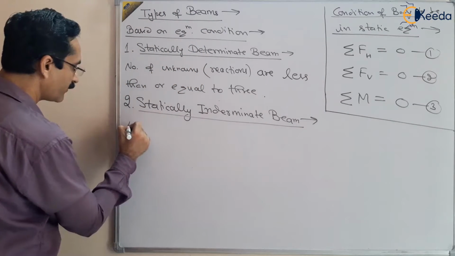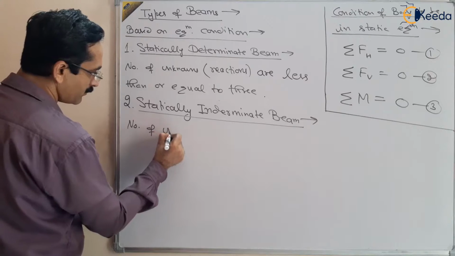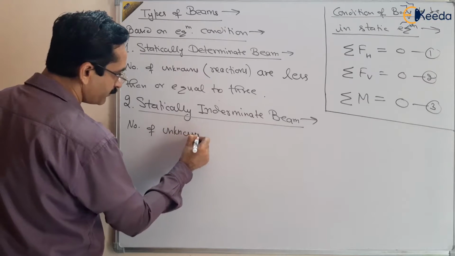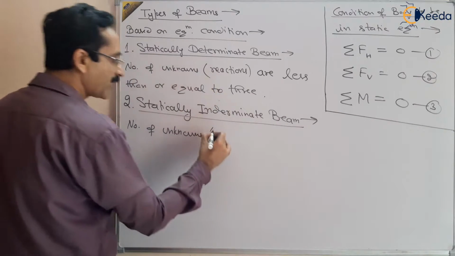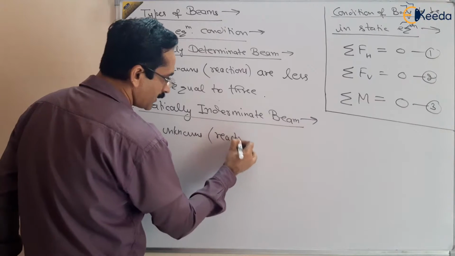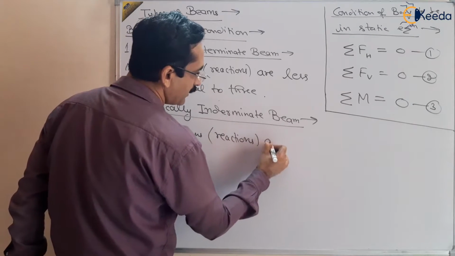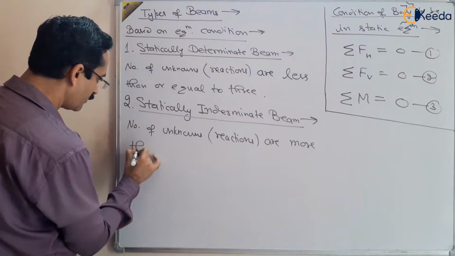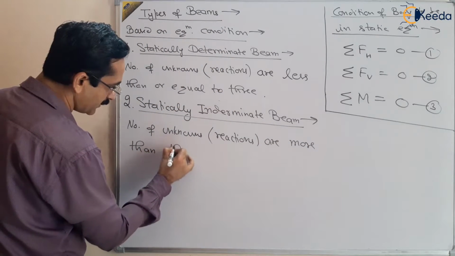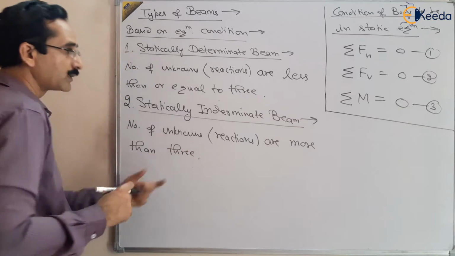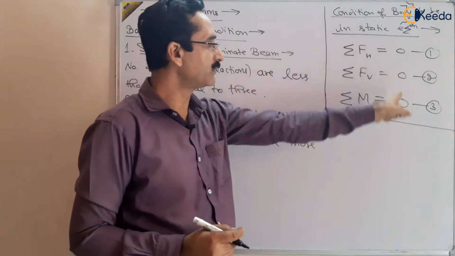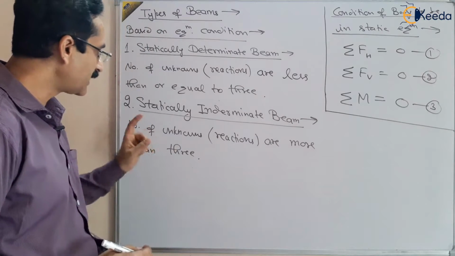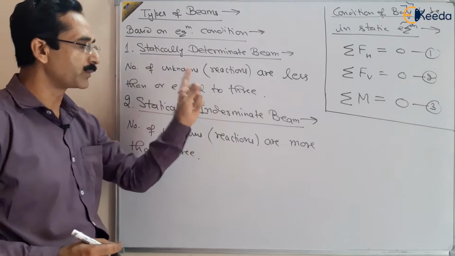In which number of unknowns, or you can say number of reactions, are more than 3. Here 3 means number of equations for static equilibrium, right? More than 3. So then we call it statically indeterminate beam.